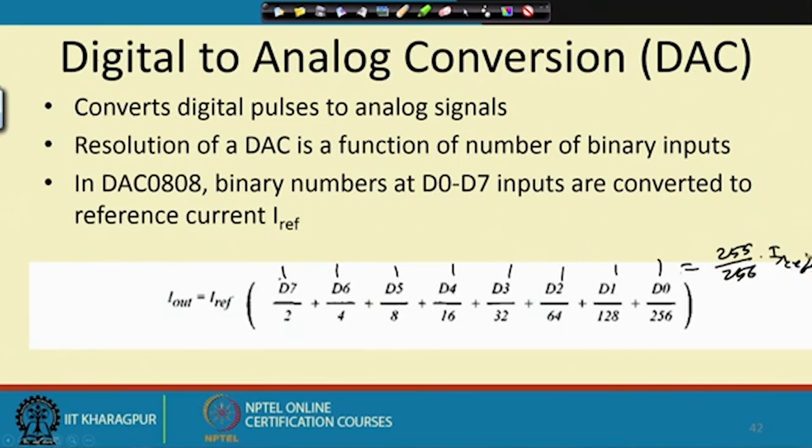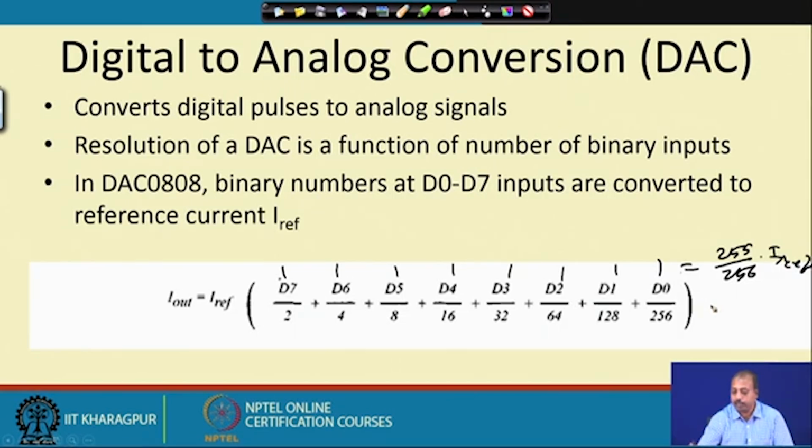So, that is very close to the full I-ref value. On the other hand, if all these bits are 0, the I out will be equal to 0. For intermediary values of D0 to D7, it will give some intermediary output currents, and when you convert that current to voltage, you will get the corresponding voltages.